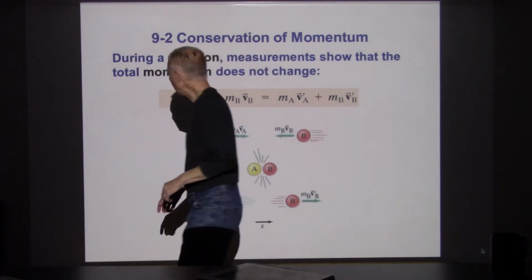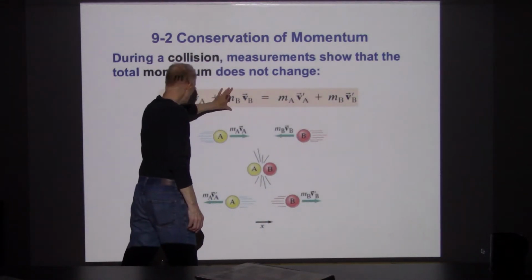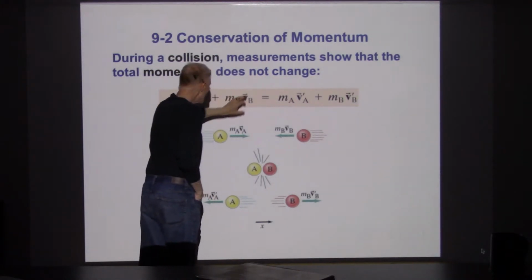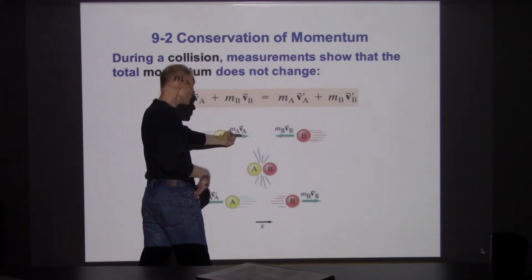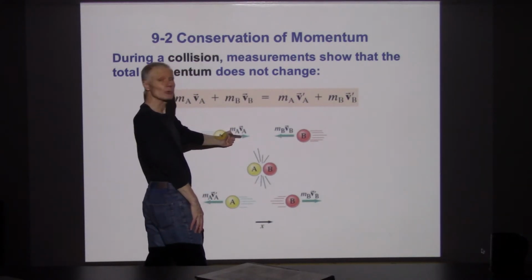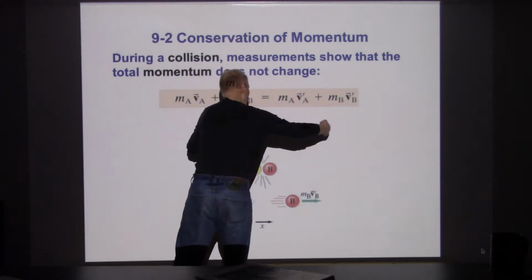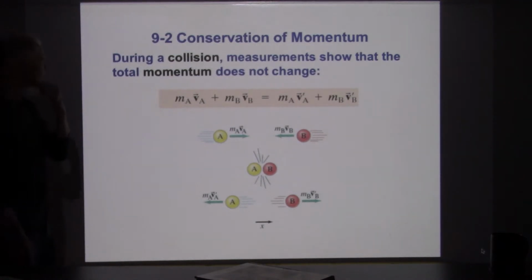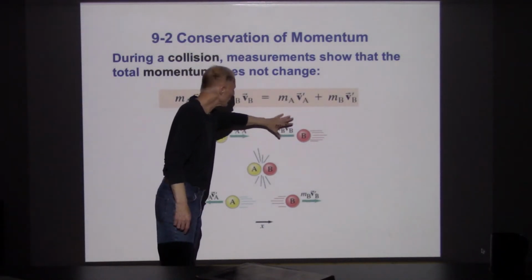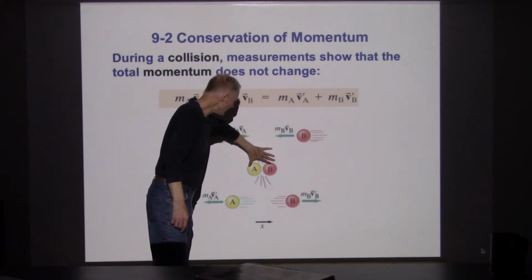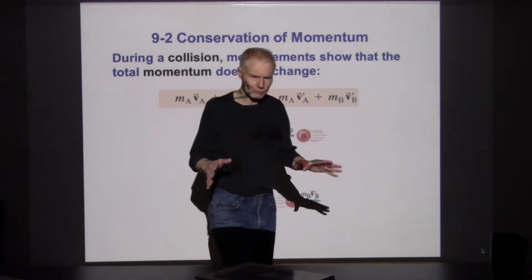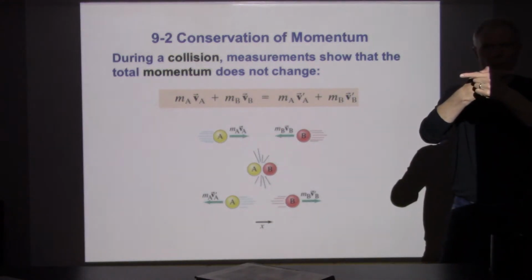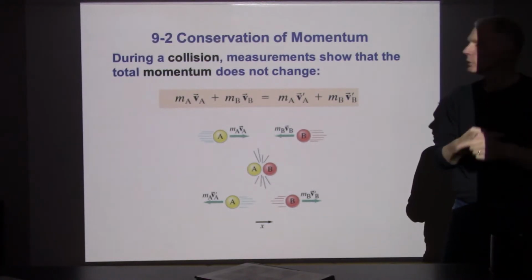If we go in and we add, using vector notation, MA times VA plus MB times VB, so that would mean I would take M times VA, which looks to be in the positive direction if we use a standard coordinate system, and then MB VB, where VB is negative using a standard coordinate system. I could add up the total amount of momentum. Now, because during the collision, contact forces are going to be equal and opposite forces, and they're going to last for the same amount of time.